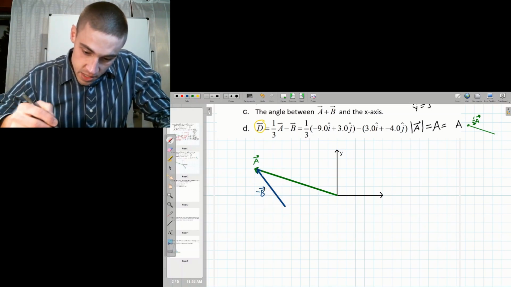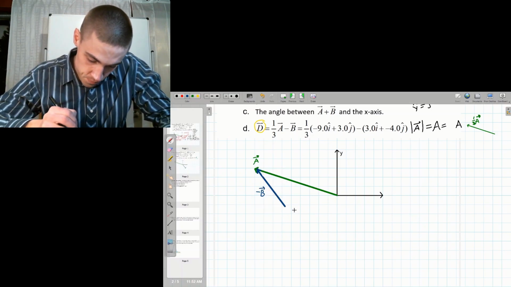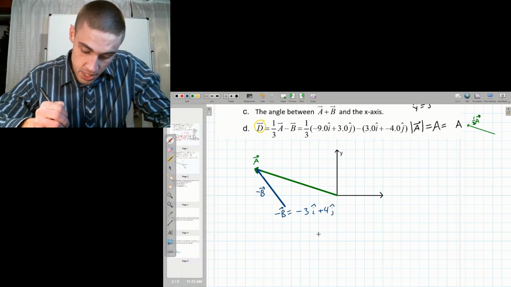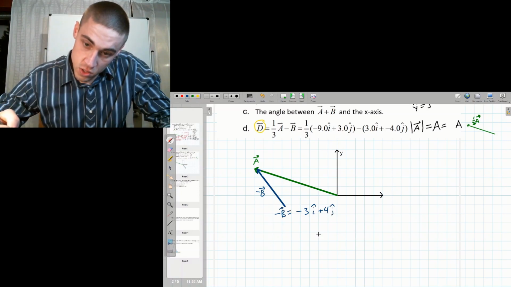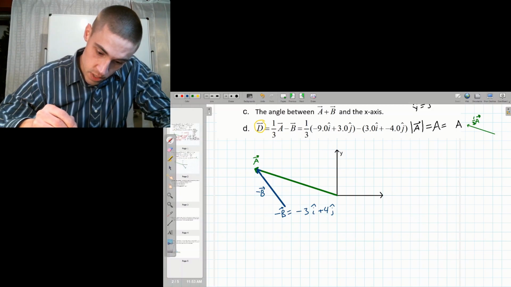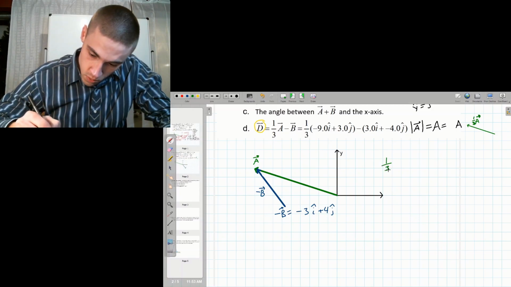Negative b has the components minus 3 i hats plus 4 j hats. And I want to take minus b and add it to 1/3 a. So a is negative 9 i hats plus 3 j hats. So 1/3 a is distribute the 1/3 to each component.